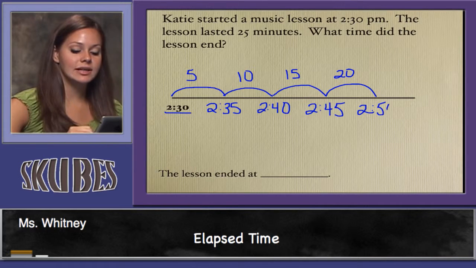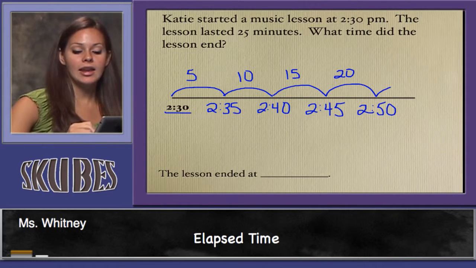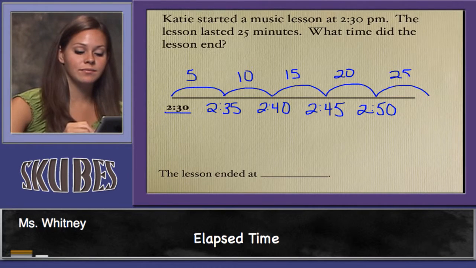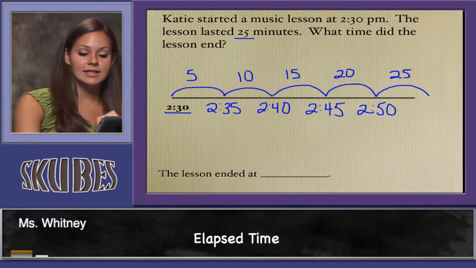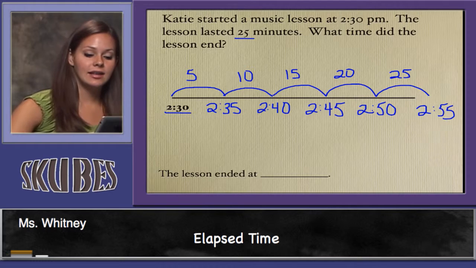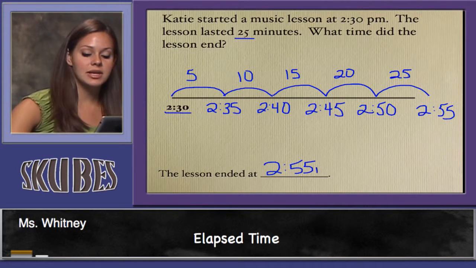It will be 2:50. And another 5 minutes, which will be a total of 25 minutes, which is the length of the lesson. It will be 2:55. So the lesson ended at 2:55 p.m.